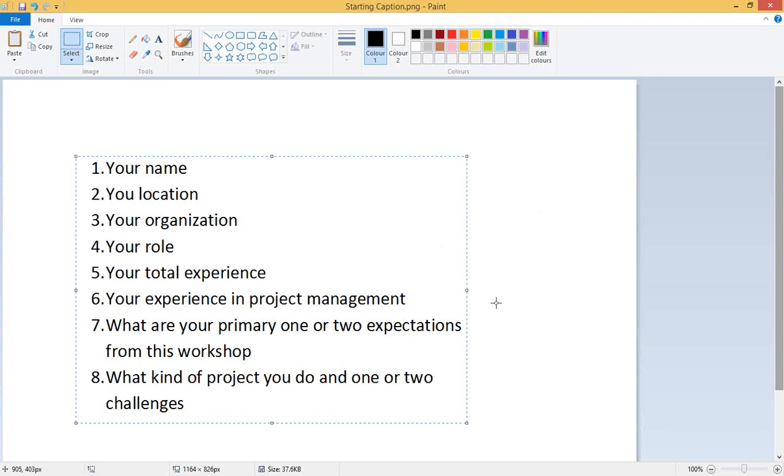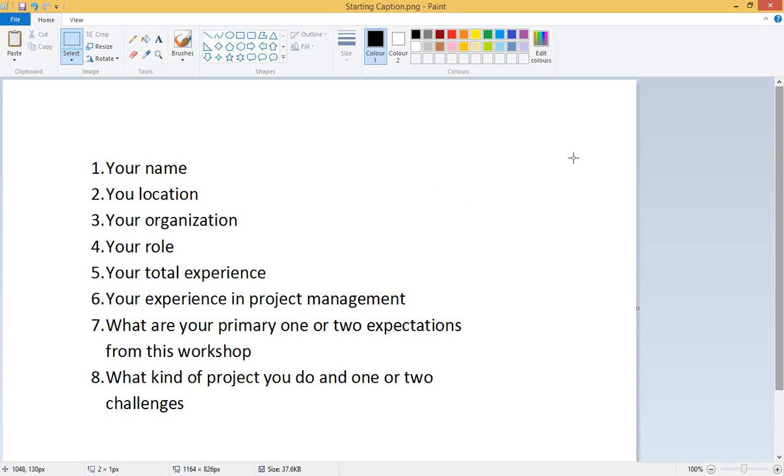Okay, so I have just written down these points which I think help us in introduction and to stay focused, not deviate from the topic, and keep our introduction brief so that we can focus more on our subject. But this is a very important thing because we must know each other, who is in the room, and we should also know the expectations you have from this workshop so that the workshop's content can be appropriately focused or customized if required.